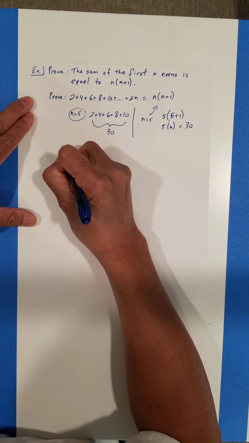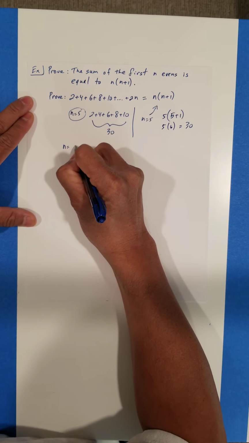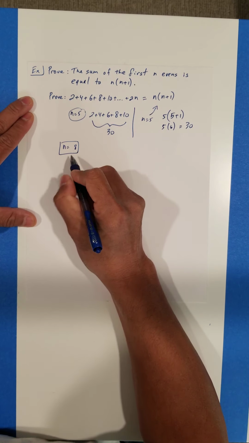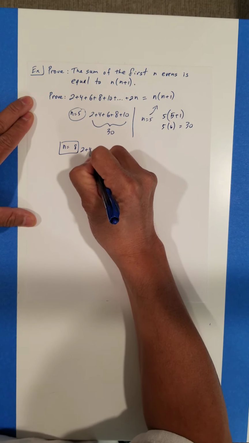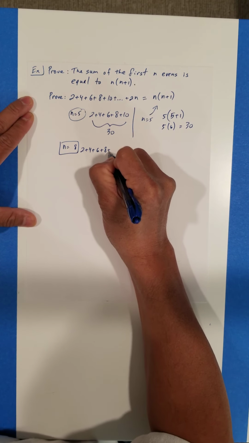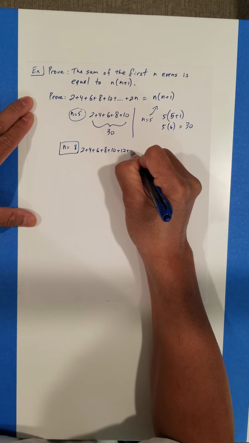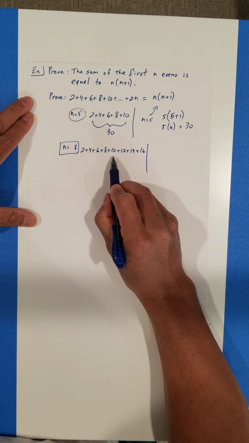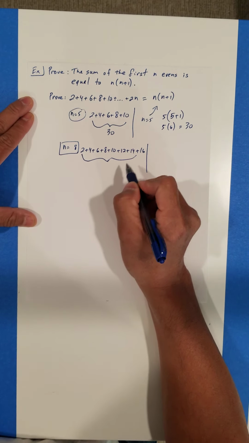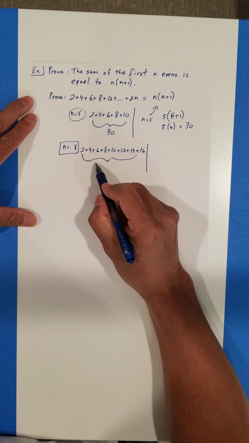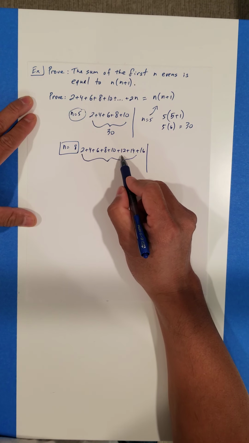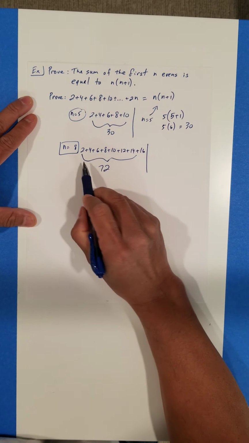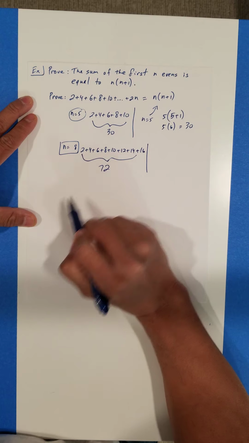If I pick a random number, let's say n equals 8, that means I want to add up the first 8 numbers: 2, 4, 6, 8, 10, 12, 14, and 16. When I add up all these numbers, I'm going to get a grand total of 72.